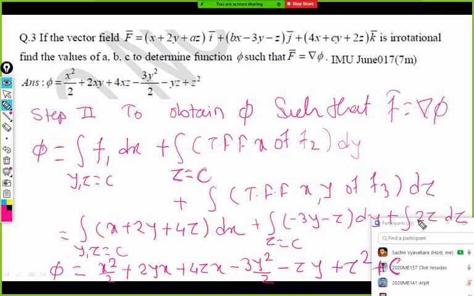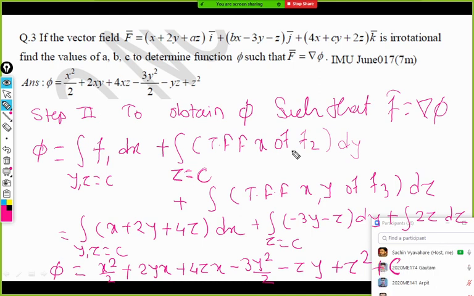So if one of the terms has x or y, we are ignoring that term. So obviously there is no need to treat anything as a constant. Okay, sir. And in the second, we are taking terms free from x of f2. So there is no x term, only yz will be there in the bracket. So we have to treat that z as a constant.